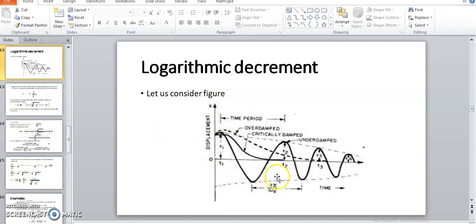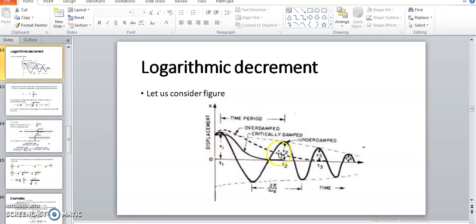For this underdamped case, consider the natural logarithm of the ratio of two successive amplitudes.